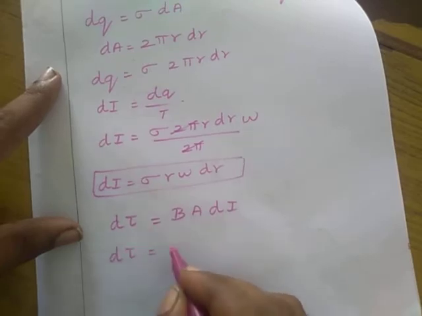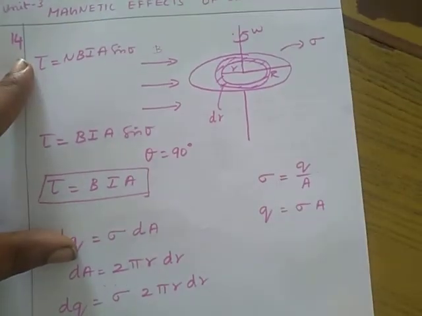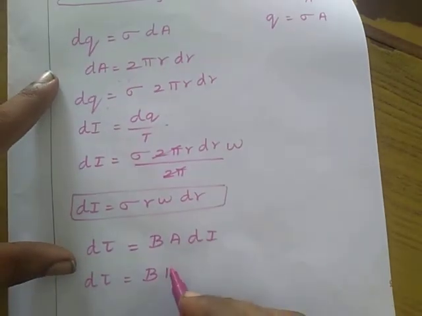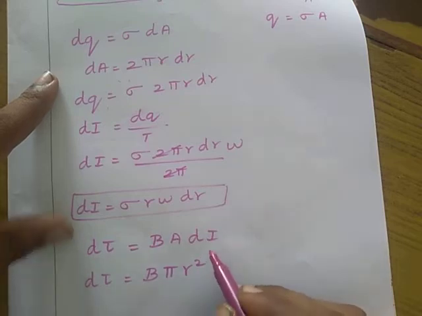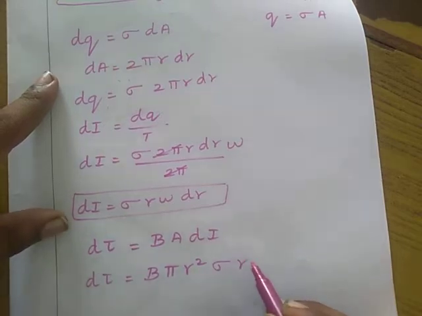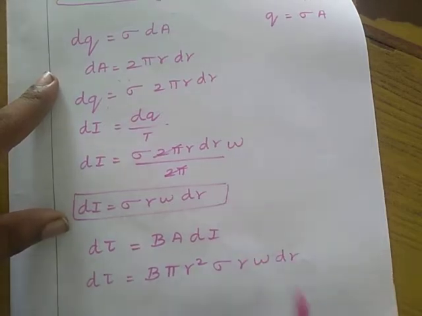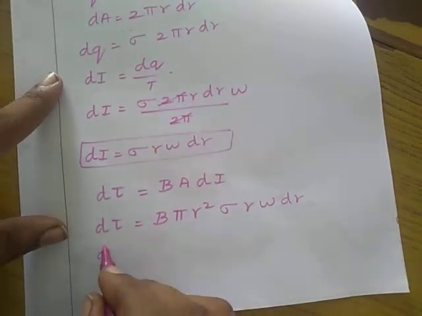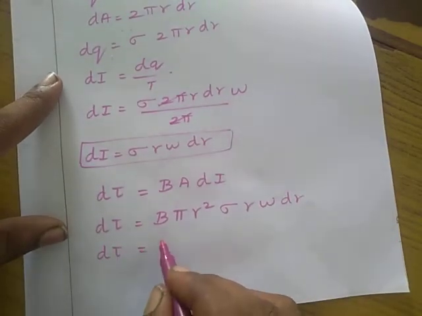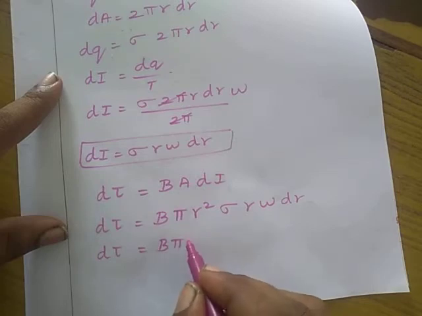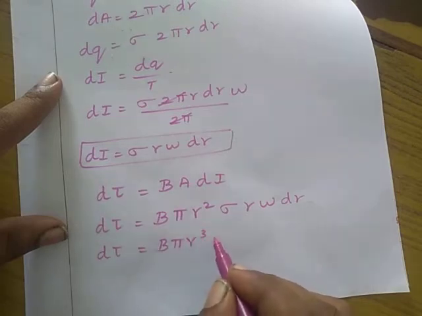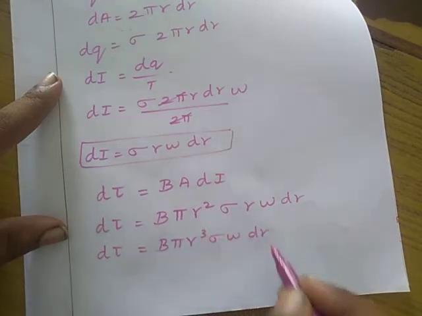Then d tau equals magnetic field B, area of this segment, which is in the shape of a circle, so pi r square, where the radius of that segment is r. Then di is sigma r omega dr. Then we get d tau equals B pi r cube sigma omega dr.